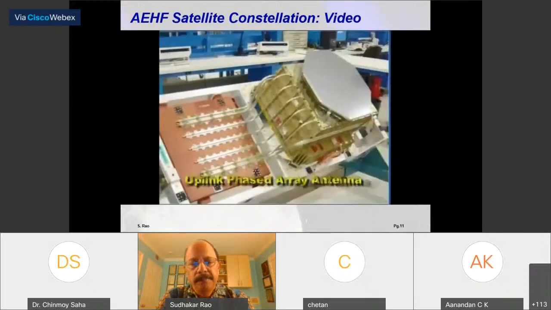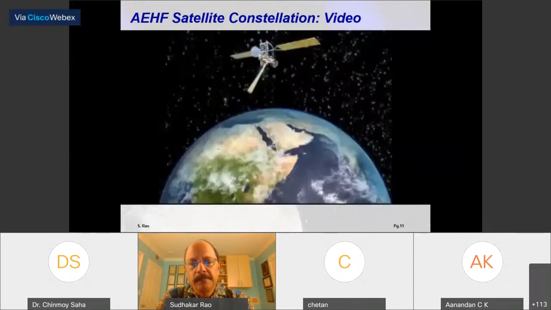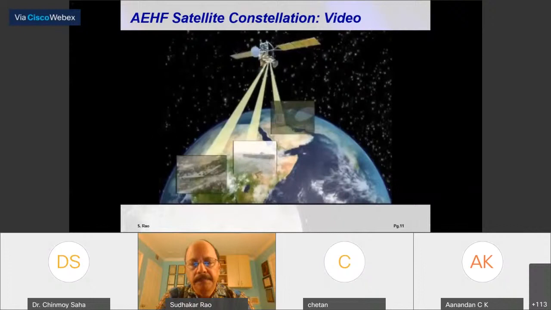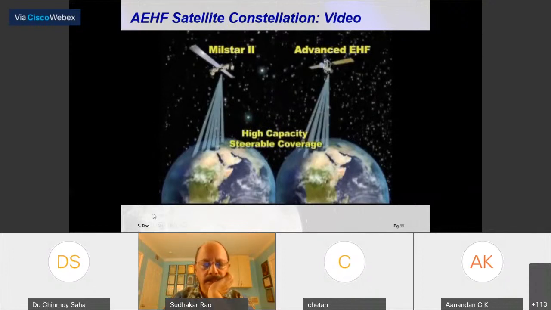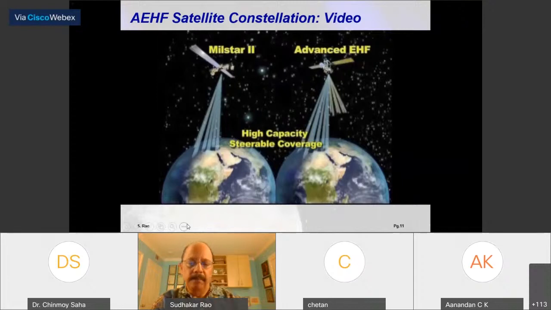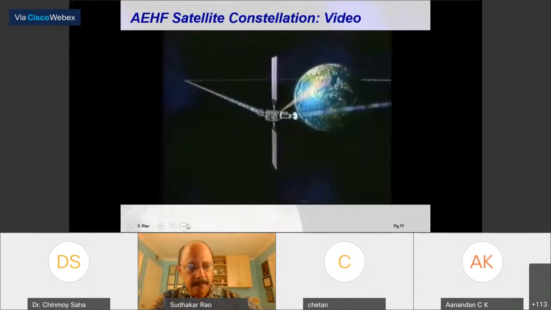The payload's fast-hopping uplink and downlink phased array antennas can flexibly cover a wide area of the globe simultaneously with high capacities. While both Milstar 2 and Advanced EHF provide 6 1-degree spot beams which can be steered to anywhere in the satellite field of view via gimbal drive antennas, the Advanced EHF phased arrays support an additional 6 1-degree shareable spot beams, instantaneously steerable to any location within the satellite field of view.